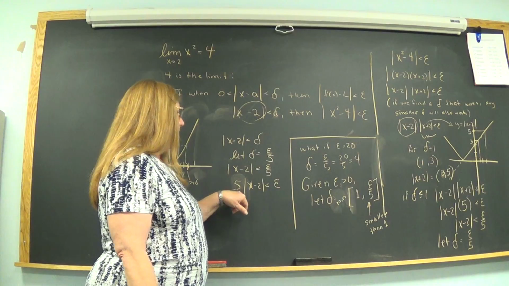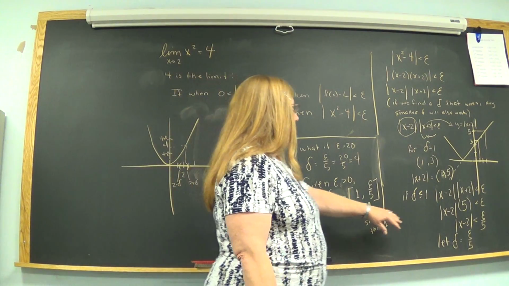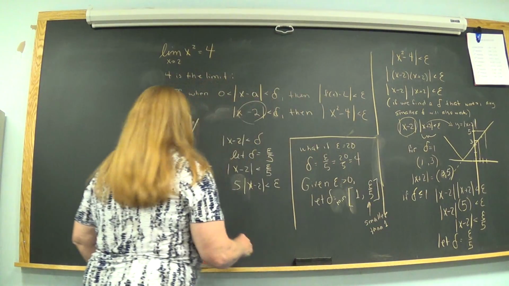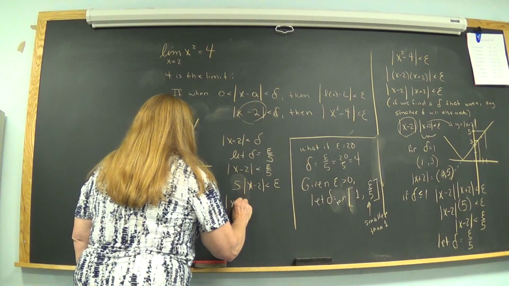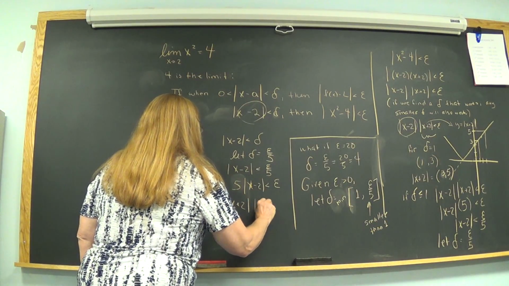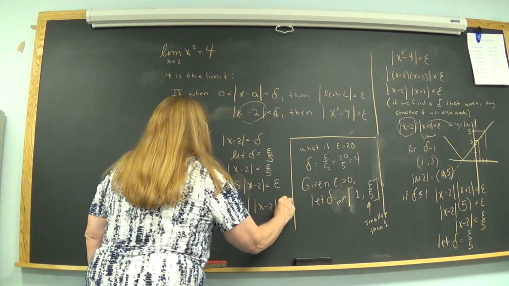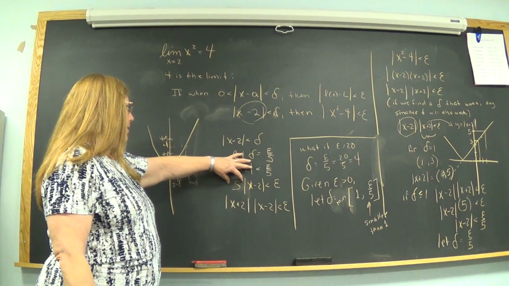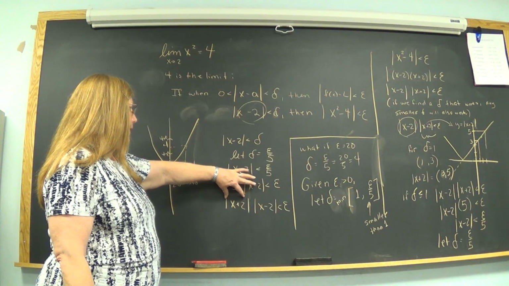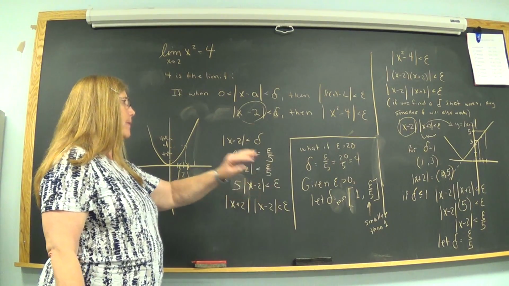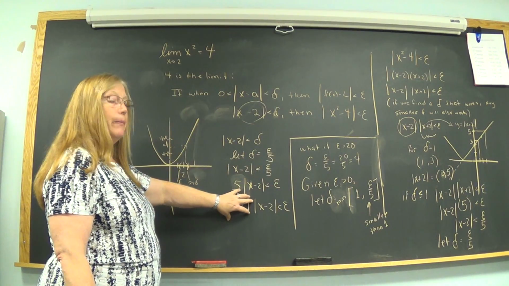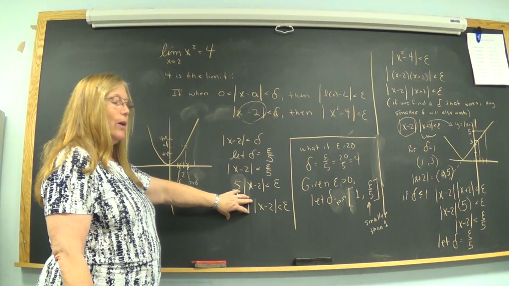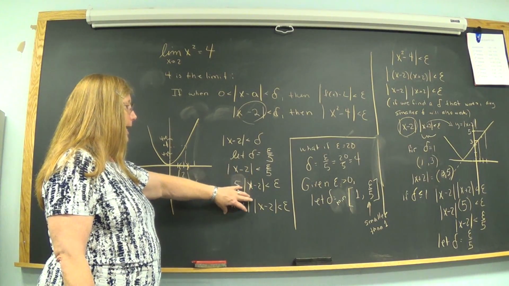The factor I'm going to add for the 5 is the absolute value of x plus 2. So this factor of 5 is going to be replaced by the absolute value of x plus 2 because I know from my previous discussion this will never be greater than 5. It'll always be 5 or less.